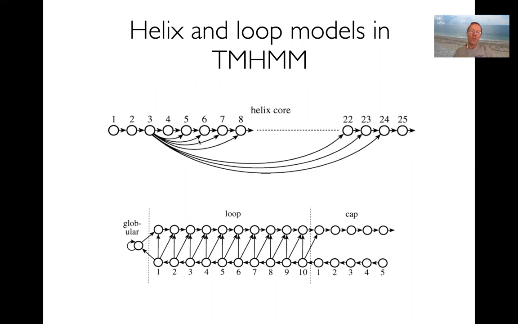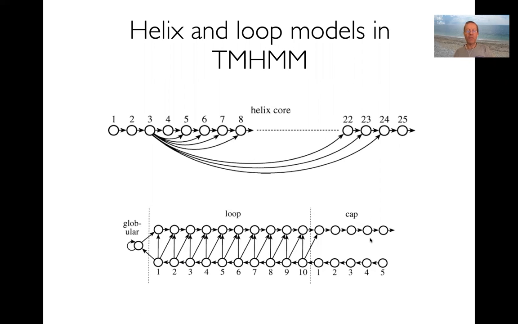Of course, all these transition probabilities have to be estimated during the training, along the main path here. So that's the internal design of the helix core. The emission probabilities are all the same from all of these states, so they're tied, as the term says. So there's just one common set of emission probabilities from these states.